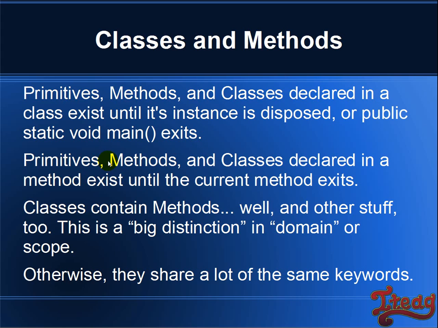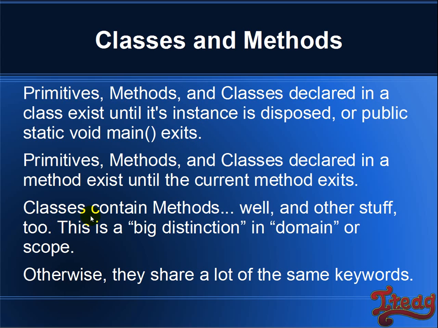And now, primitives, methods, and classes declared in a method exist until the current method exits. So yeah, public static void main, that's actually a method. So all the stuff that's declared in a method exists until the current method exits. So when you exit this, even the static part of the heap gets disposed of.